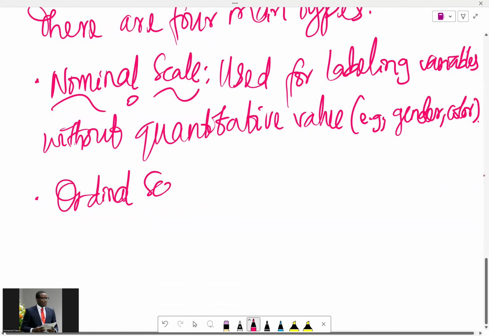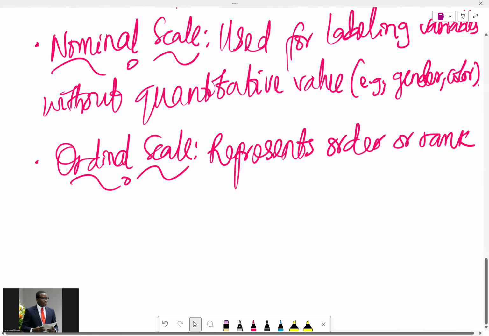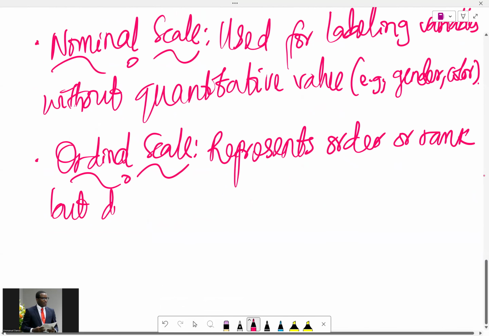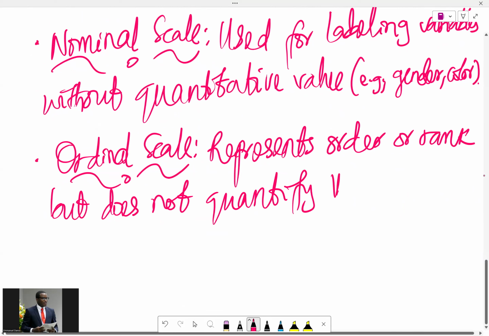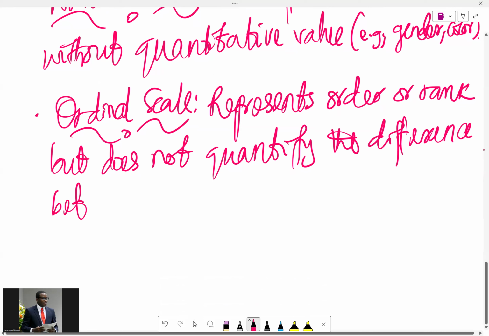That represents order or rank, but does not quantify the difference between the ranks.